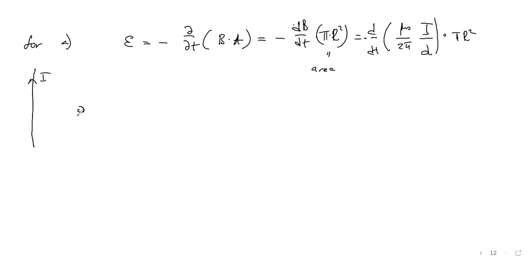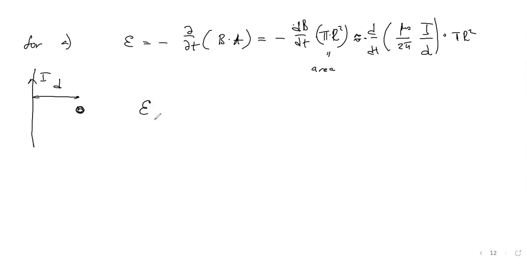If it's a small loop, you can roughly say that this is the distance between the current and the loop. You don't really distinguish the left side of the loop or the right side, since the loop is small enough that you can take this distance as a constant. Otherwise, it would be hard to calculate the flux; you would need to integrate it.